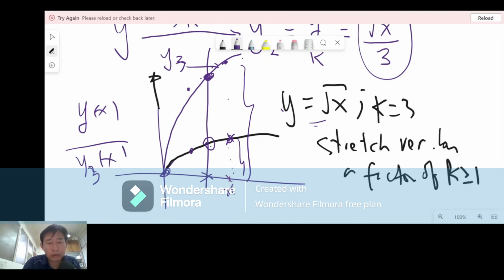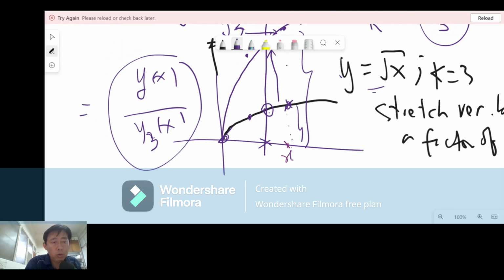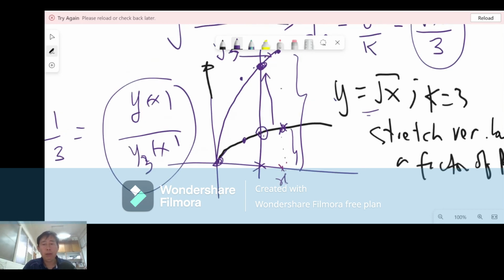If you stretch this by a factor of 3 to y3, then the ratio of this would be equal to 1 over 3. So this is the relationship for the stretching of a function vertically.